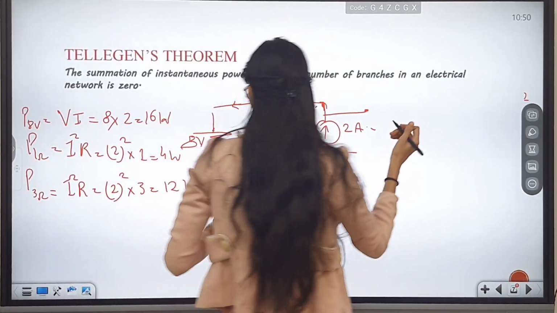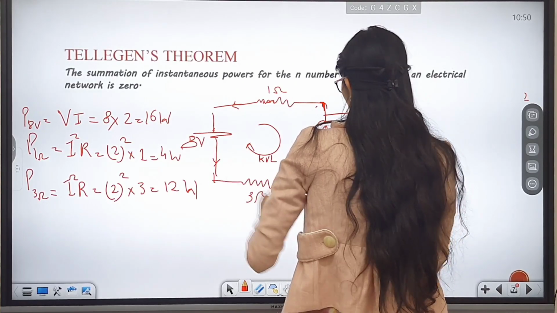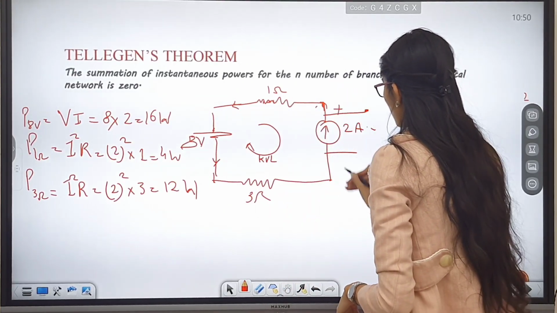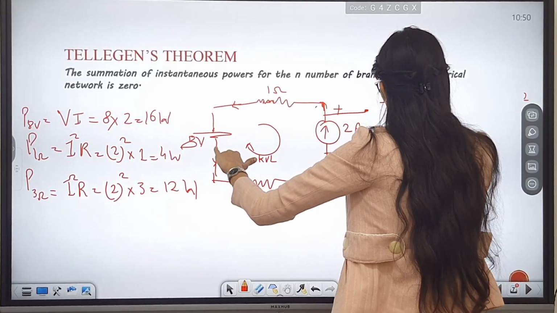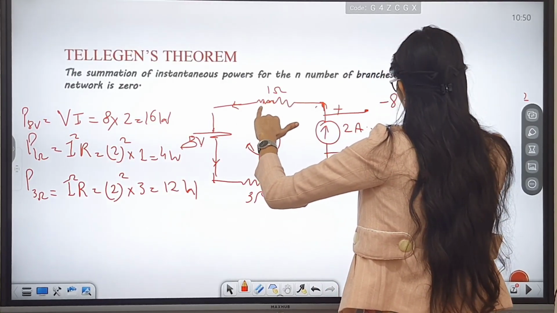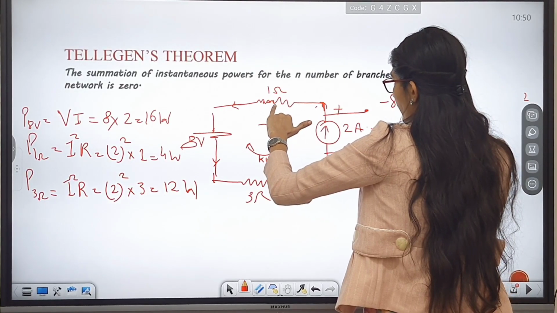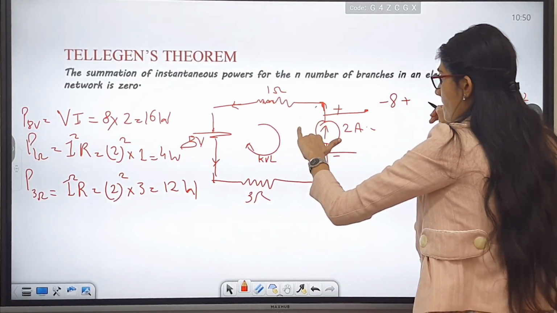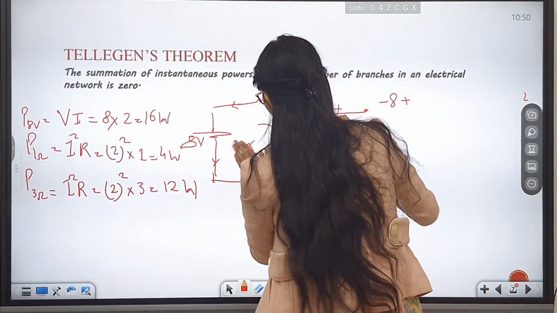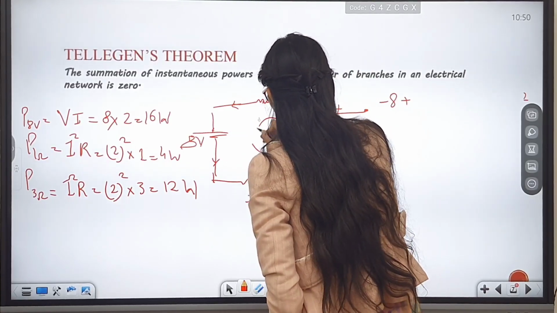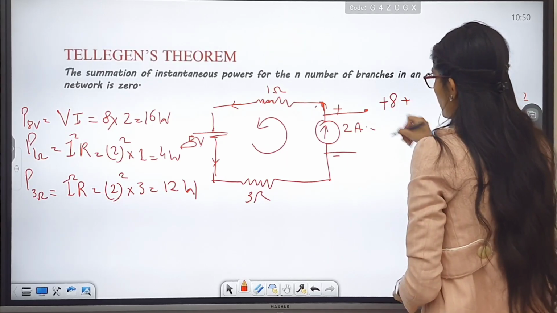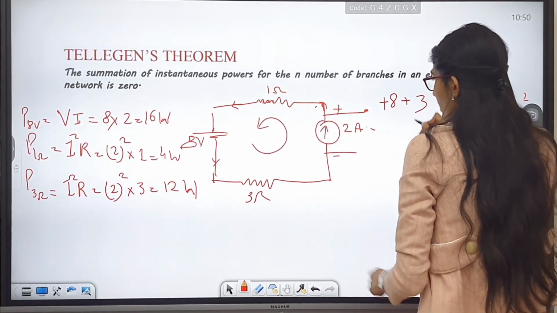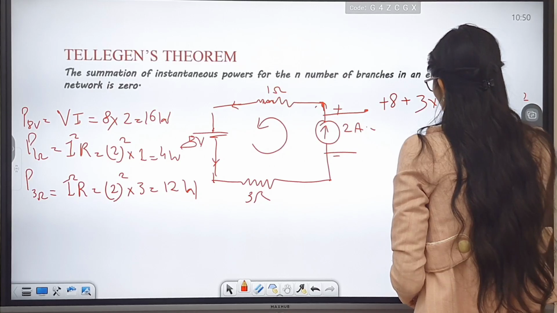This is the negative part, and it is the delivering element. It means it is plus and it is minus. So it is minus 8 volt plus 1 into I. We should take this direction like this, because it is given that the current in the circuit is 2 ampere and it is going like this, so we will take it as positive. It's 3 into I, that is 2.